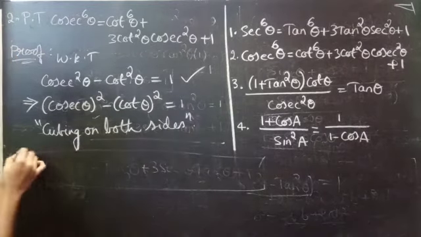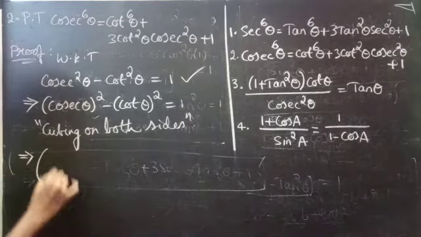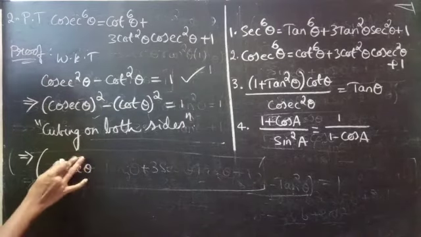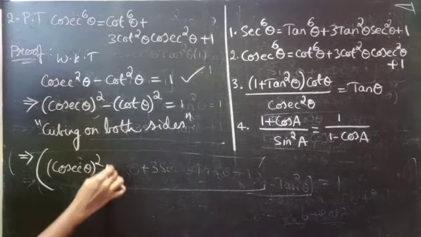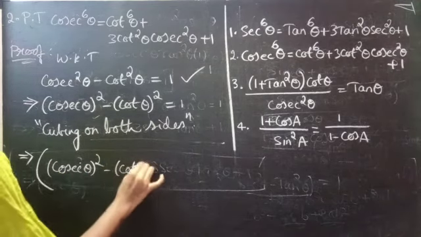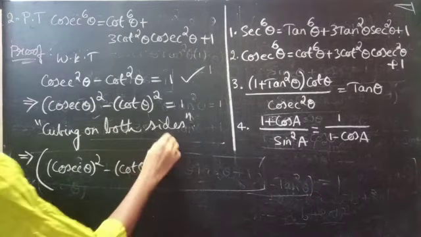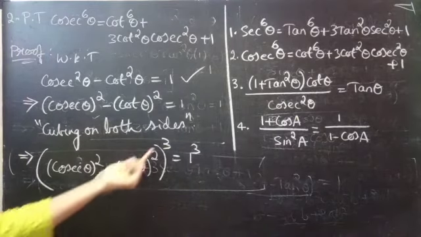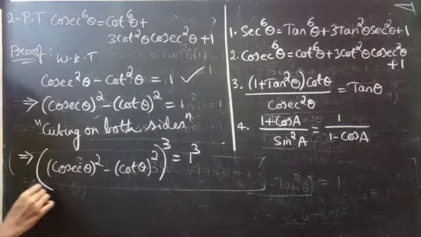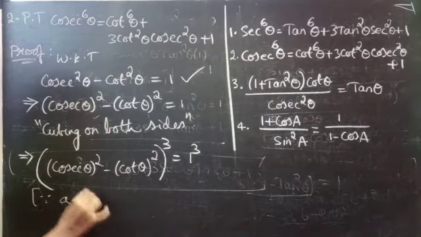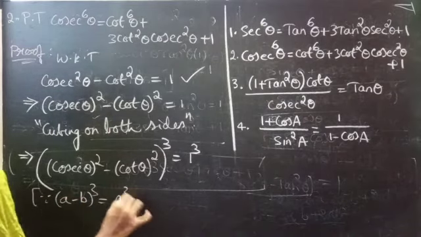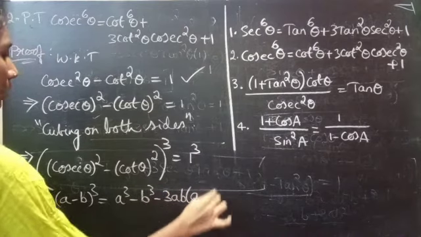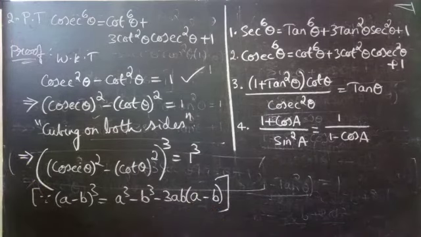Okay. Now cubing on both sides, we get cosecant theta whole square minus cot theta whole square, whole cube equals to 1 cube. So this is of the form a minus b whole cube. Since we know that a minus b whole cube is equals to a cube minus b cube minus 3ab into a minus b, now we can utilize this formula.